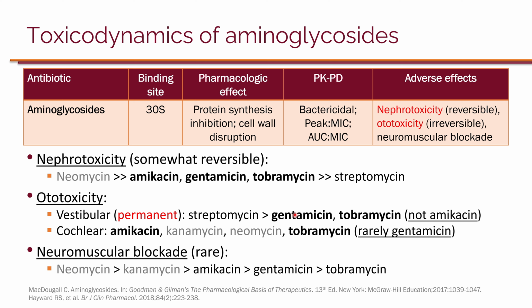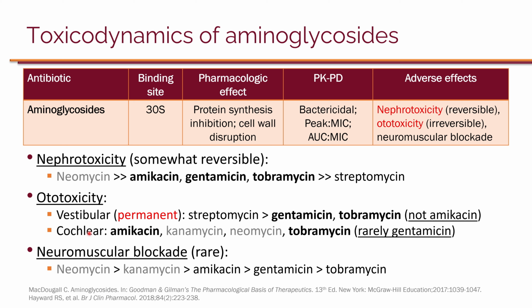These are essentially considered permanent because the apoptosis of the hair cells in the ear, in the vestibular and cochlear, is essentially irreversible. Now, vestibular toxicity is more common with streptomycin than gentamicin and tobramycin, and it has not been reported with amikacin.